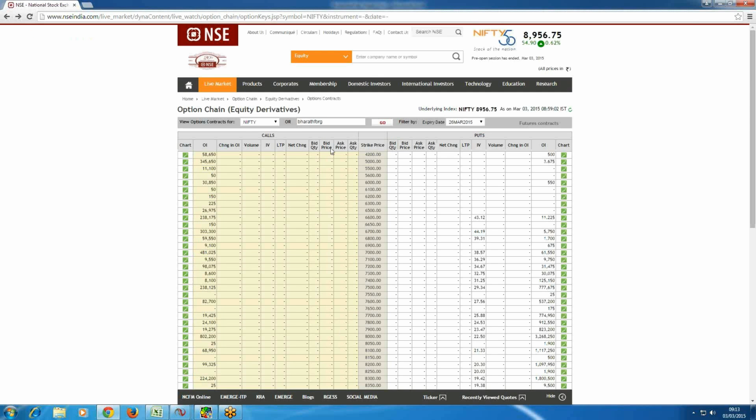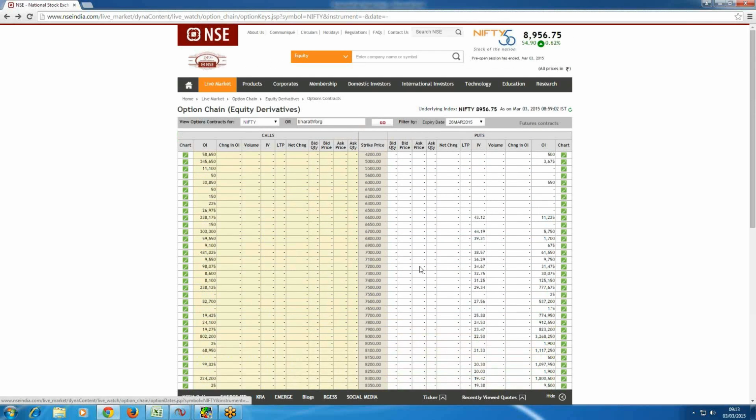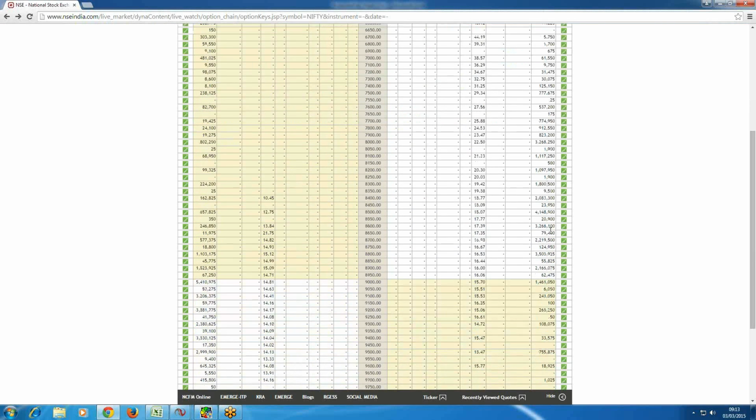So you can get all this information. I am not getting it now, but you'll be getting all this information. Let's say these will be the strike prices. So these are the Nifty strike prices. You can check even the open interest. The change in the open interest is also a very good strategy that you can use.